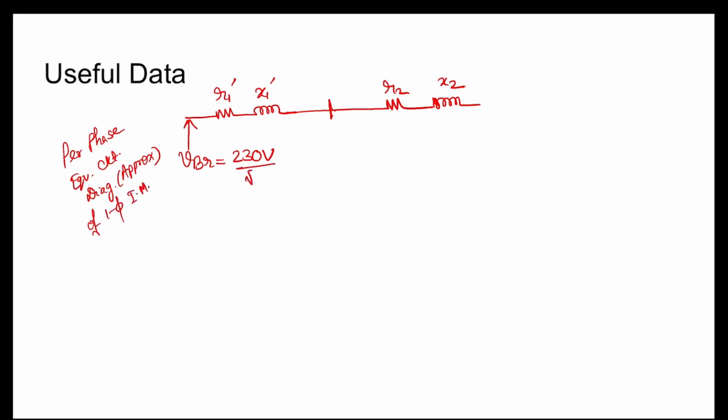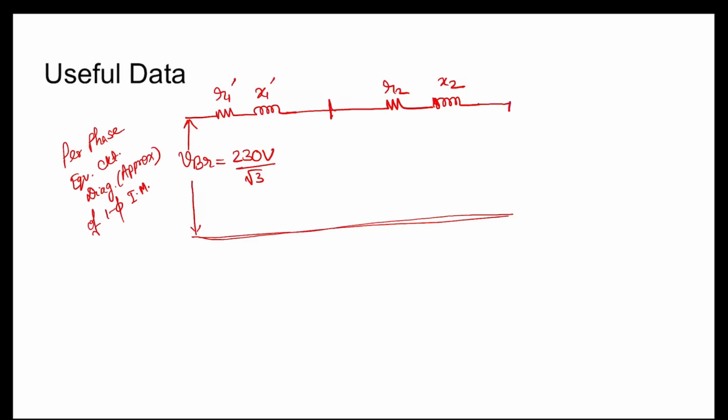Now this is 230 by root 3. This is the phase to neutral voltage, because we need to consider a single phase. The voltage given was 230 line to line, so phase to neutral is 230 by root 3.